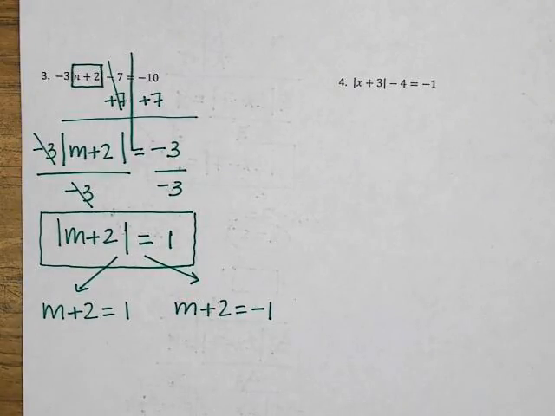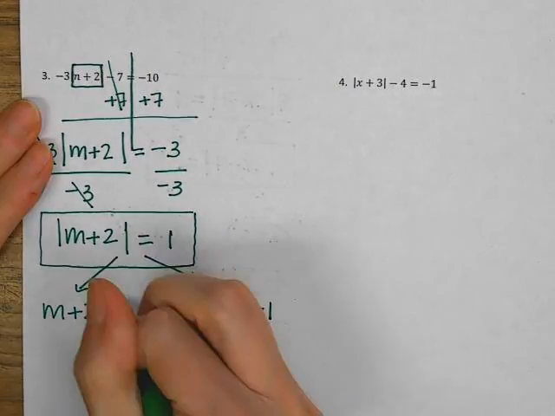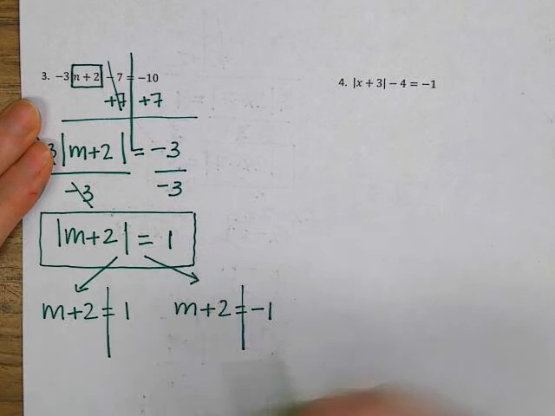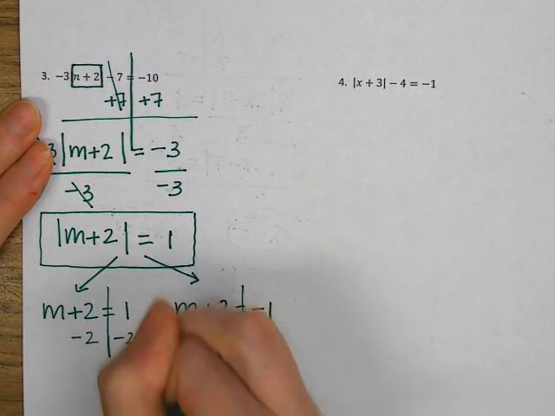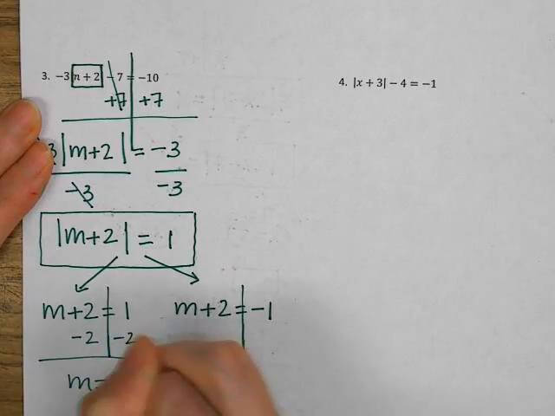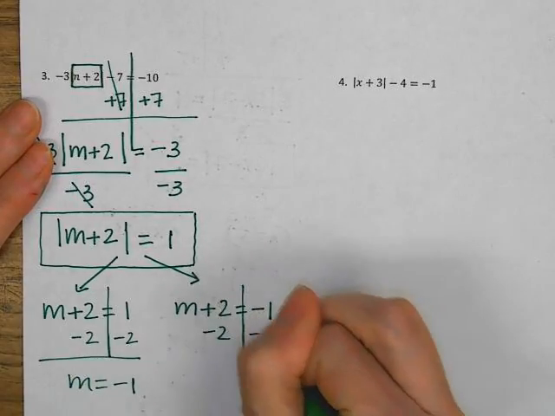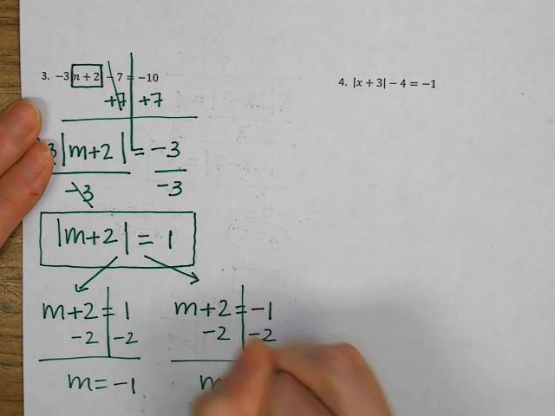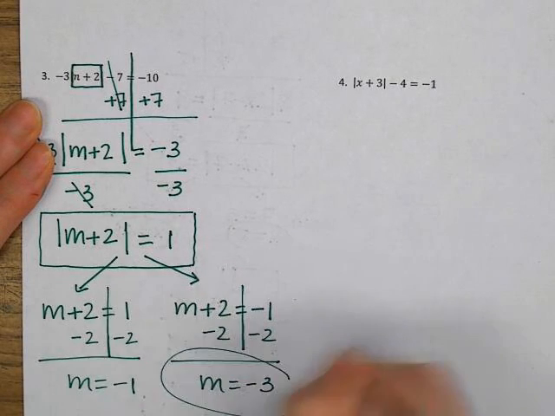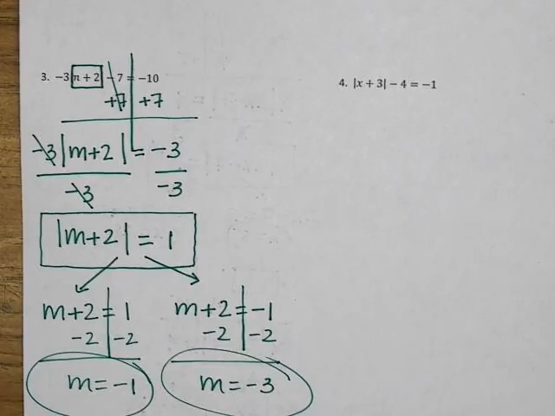And then you're going to go ahead and solve. So draw your wall, minus 2, minus 2. You get m equals negative 1. And minus 2, minus 2. You get m equals negative 3. And those are your 2 answers.